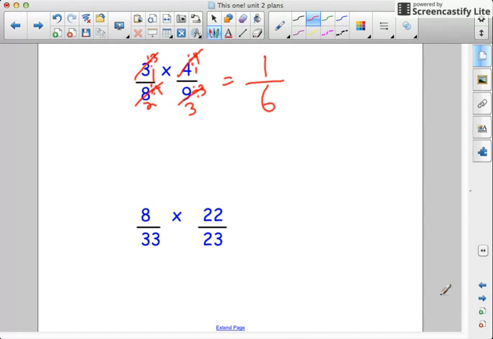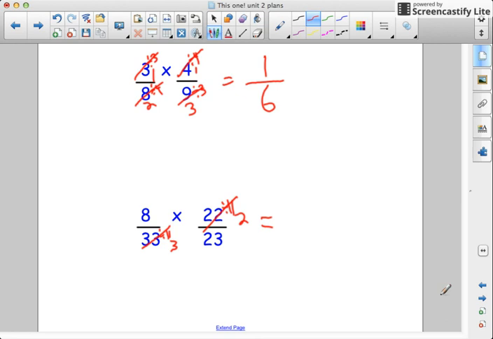If we don't use the canceling method on the bottom one here, we're going to get huge numbers and it'll be very difficult to simplify. So let's see if we can cancel. Well, 33 and 22, 11 can go into both of those. So I'm going to divide by 11. This one will give me 2. This one will give me 3. And you may stop there, but actually you do have to stop there.